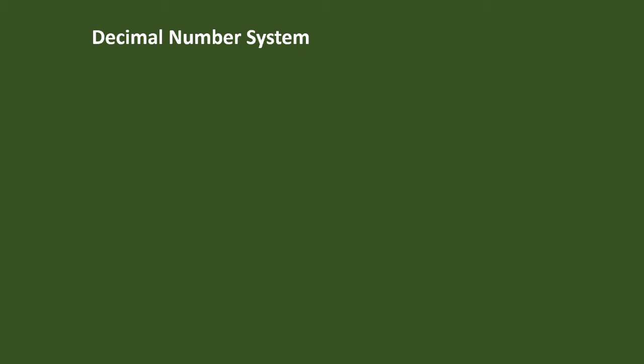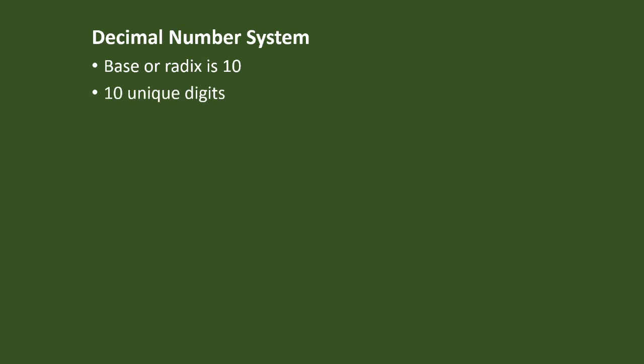The number system that we are using in our everyday life in mathematics is the decimal number system. The decimal number system has 10 unique digits. The number of unique digits is referred to as the base or the radix of the number system.